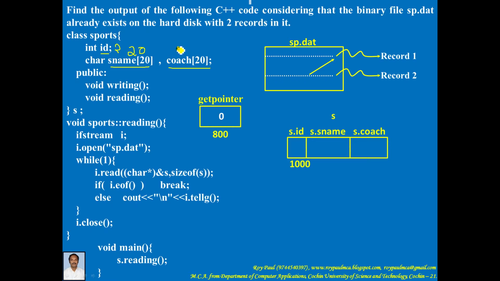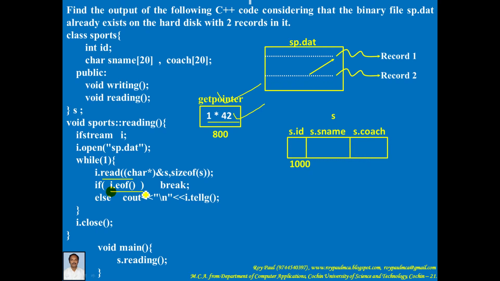Another array of characters of size 20, so 20 bytes. So it is 42 bytes, or you can say 1 into 42. So your get pointer contains 1 into 42.